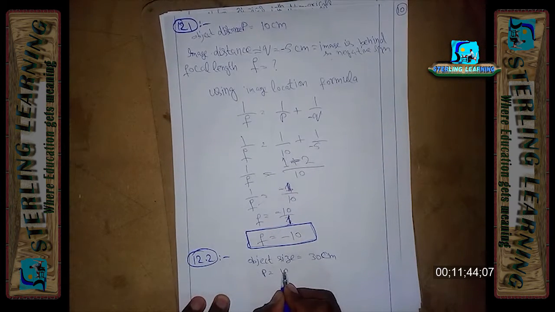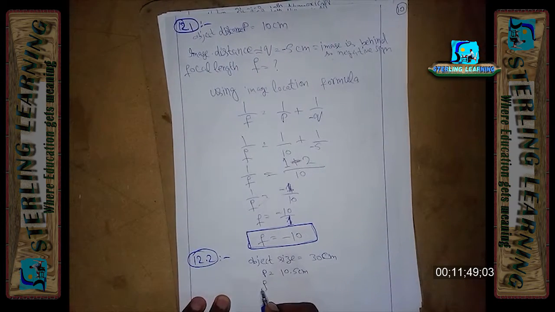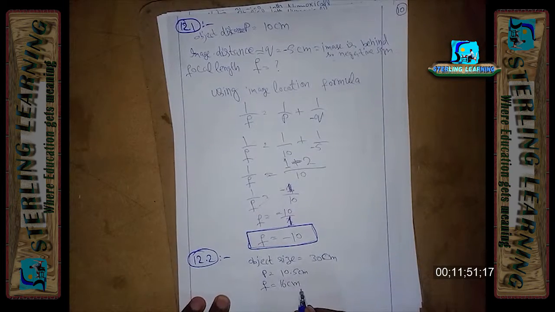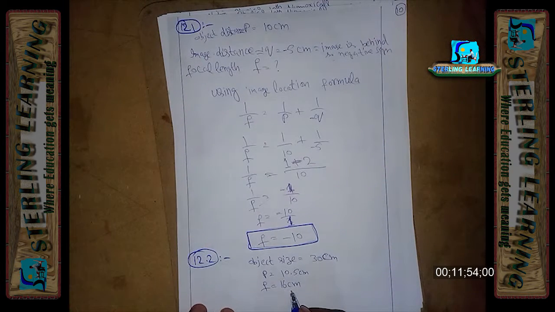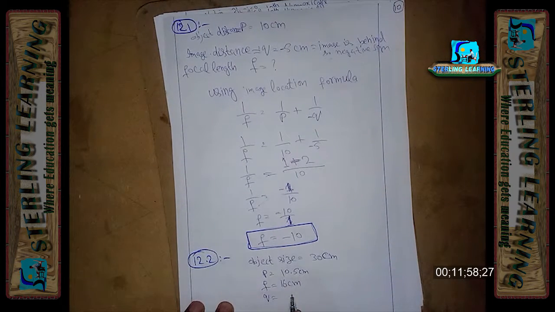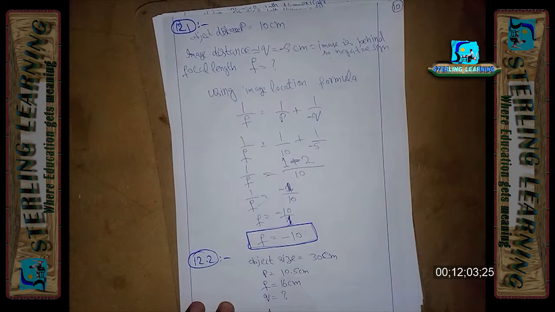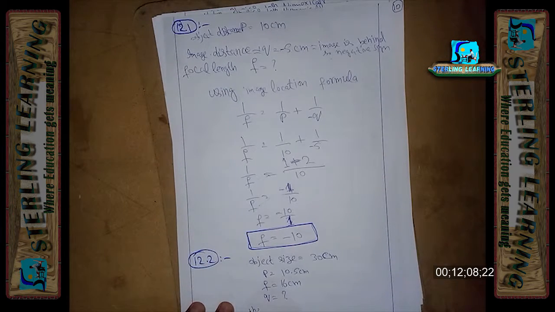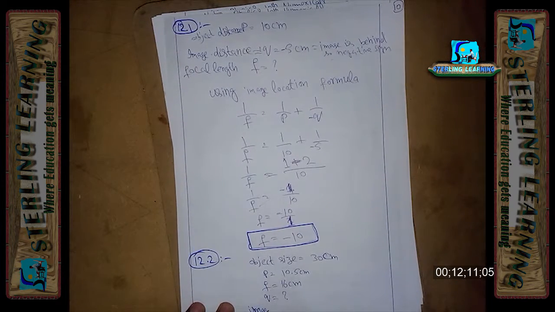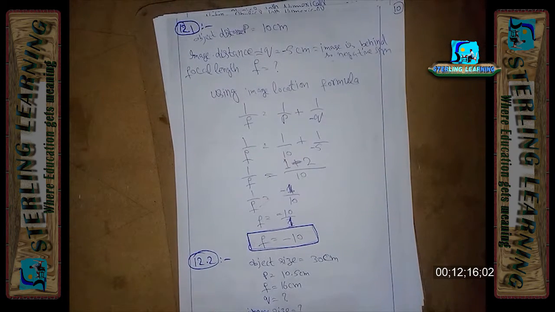P is 10.5 centimeter and with a focal length of f equal to 16 centimeter. Where is the image located? How high is it? Image location, q, distance, and image size. We need to know these two things.